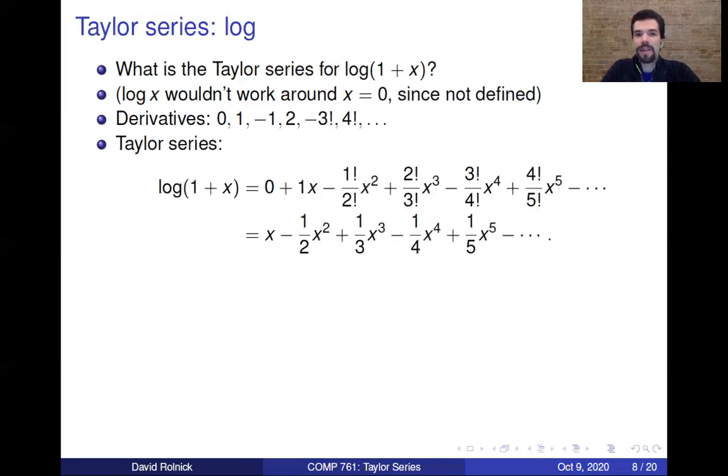Yeah, so let's write this out. We can take the first few terms here, and we can see that the first thing is just 0. There's no constant term. Then there's a 1, -1 factorial over 2 factorial, plus 2 factorial over 3 factorial, -3 factorial over 4 factorial.